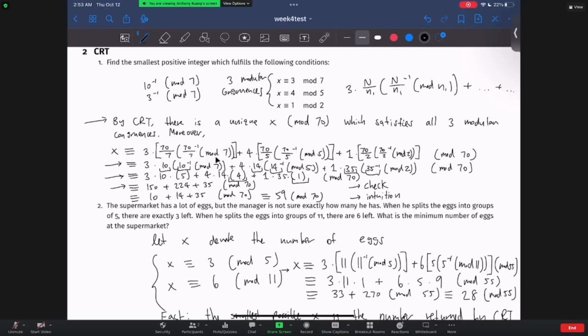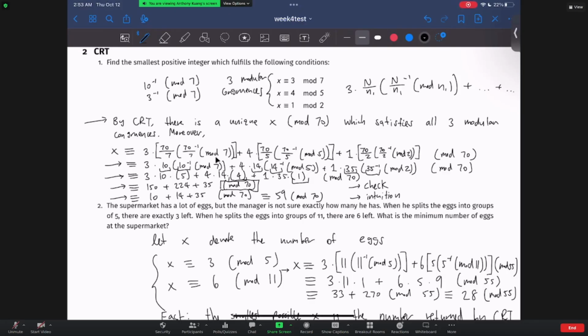And if we do the multiplication, we're going to get these large numbers, and all of this is being modded by 70, because that's what the Chinese remainder theorem guarantees. This number is going to be between 0 and 69.